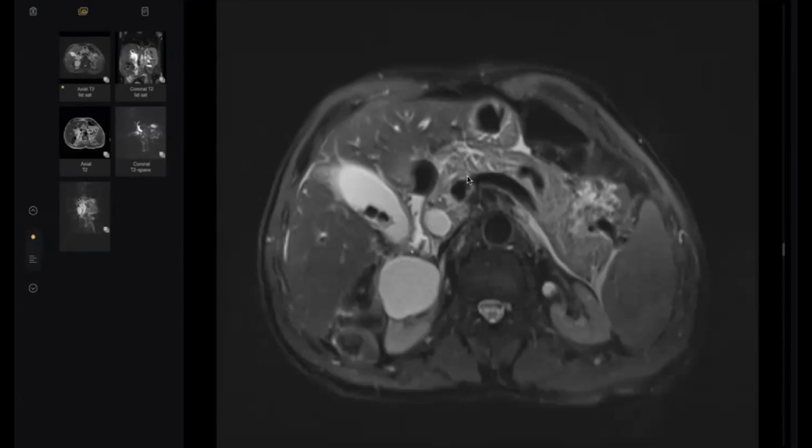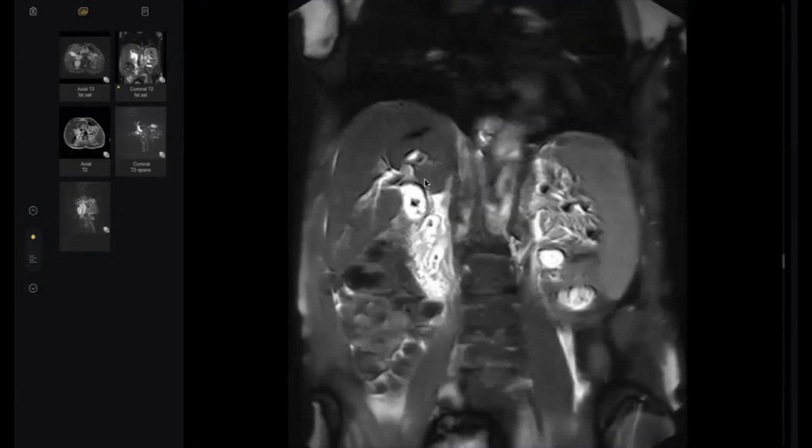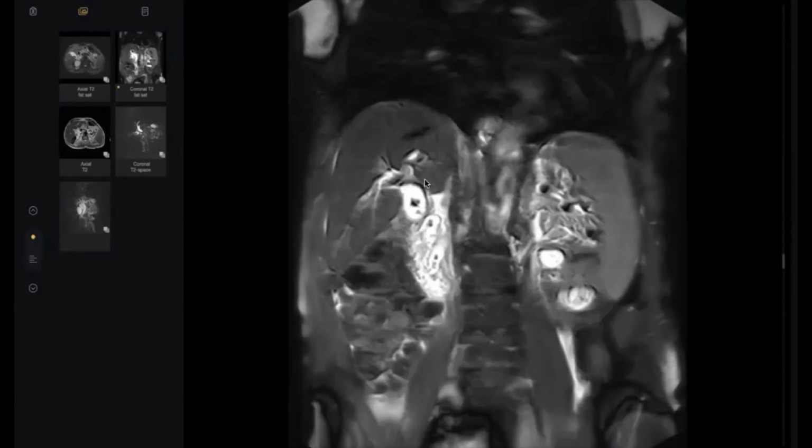Okay, leave the mouse. What will you do next? So I will convey the findings to the referring physician and ERCP is suggested in this case to remove the stones and relieve the obstruction. Why does obstruction of the CBD lead to pancreatitis?